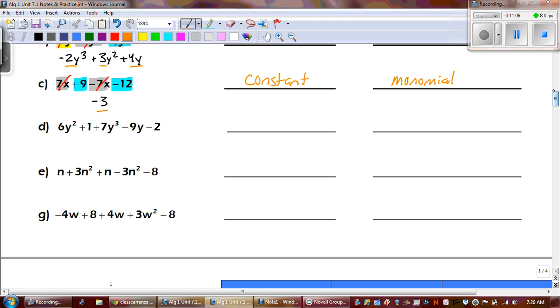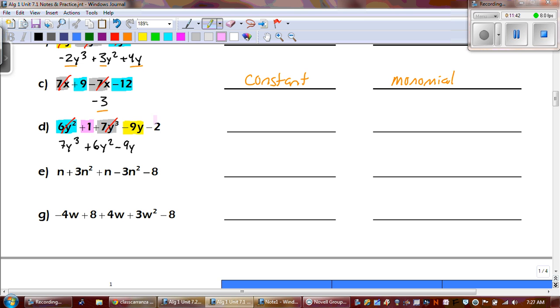Okay, we got 3 more. D. Okay, first I have my 7y cubed. There's nothing to combine it with. There are no other squared terms, so I can't combine that with anything. After my squareds, I look for just the variable.